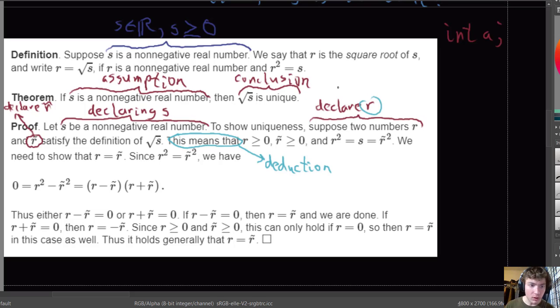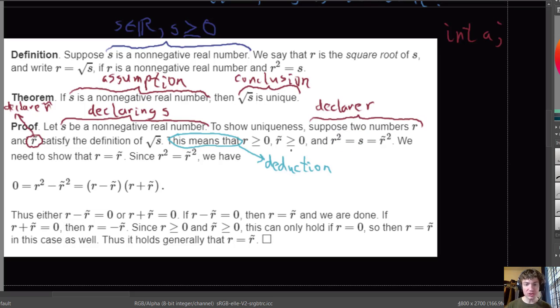Well, how do we know that? All we know about R and R tilde is that we've assumed that they satisfy the definition of square root of S. So I go back up and look at that definition. We say R is the square root of S if it's non-negative and it squares to S. Aha, okay. So that's how we know this is true, because we've assumed they satisfy a definition, and that definition says they're non-negative, which means greater than or equal to 0, and it means they square to S, which we've said here.